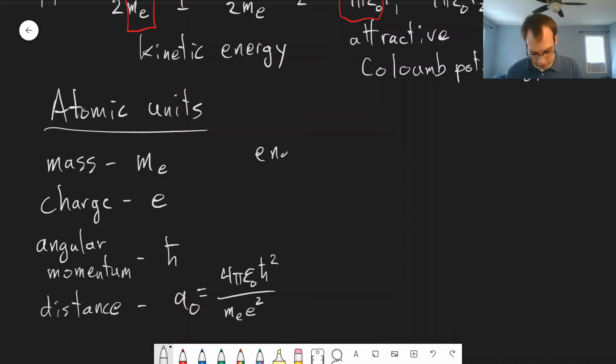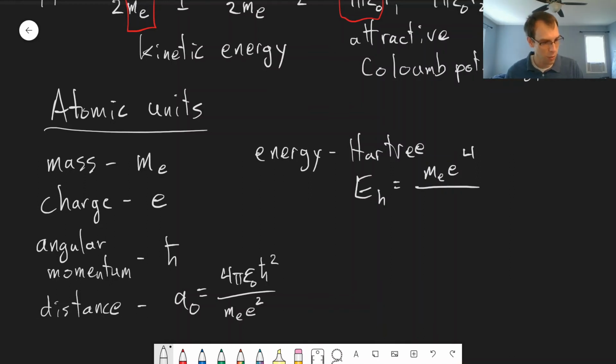And the atomic unit for energy is known as a Hartree, often given the symbol E_H. This is equal to m_e, mass of the electron, times charge of the electron to the fourth, over 16 pi squared epsilon naught squared h bar squared.